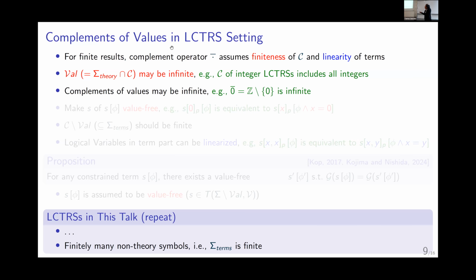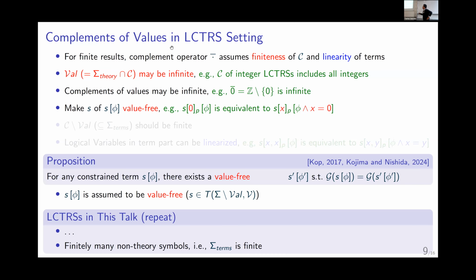Then let's consider the complement of value 0. Then applying the bar operation, we obtain the set of non-zero integers, and this is infinite. So this is a problem for finite complement. But now we are considering constraint patterns. We have a constraint.